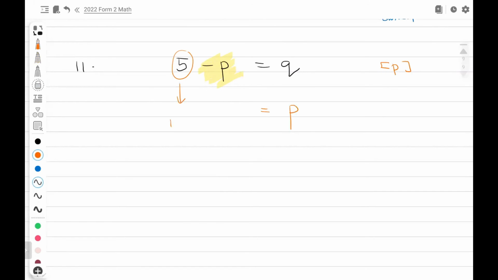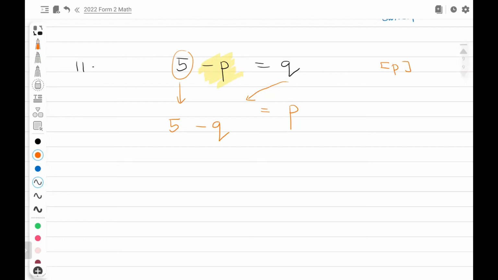Then you copy down the 5, bring Q to the front, and it becomes minus Q. See? Straight away, we get P as the subject. 5 minus Q equal to P. Opposite, right? Yes, correct. Big brain, okay.